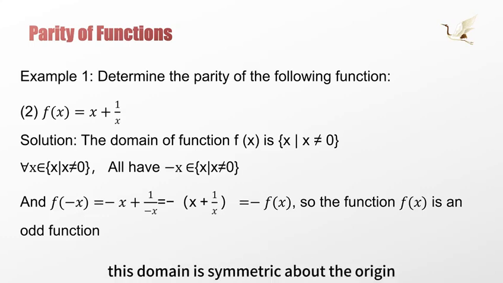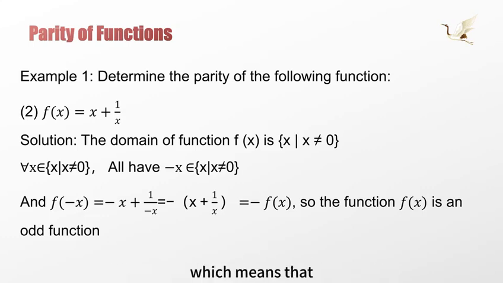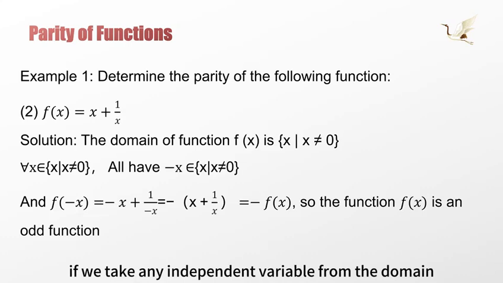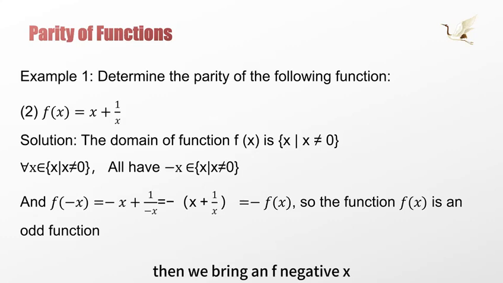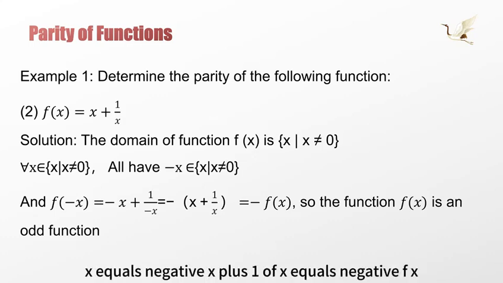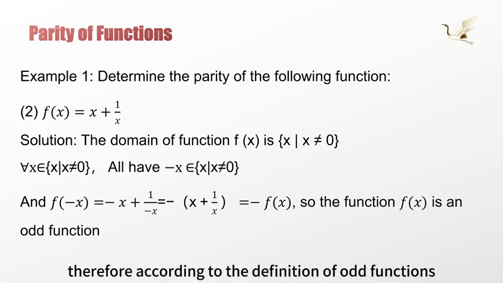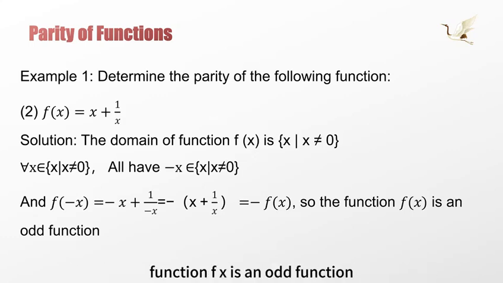This domain is symmetric about the origin, which means that if we take any independent variable from the domain, its opposite number is still in the domain. Then we substitute f(-x), which is equal to negative x plus 1 over negative x. After factoring out the negative sign, it equals negative (x plus 1/x), which equals negative f(x). Therefore, according to the definition of odd functions, function f(x) is an odd function.